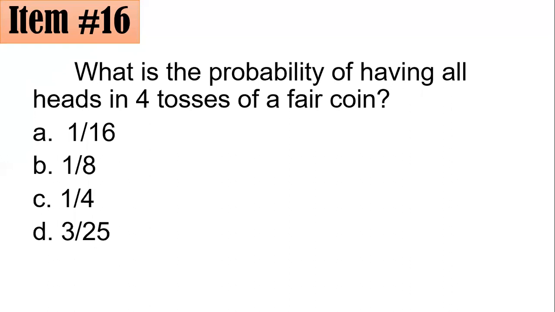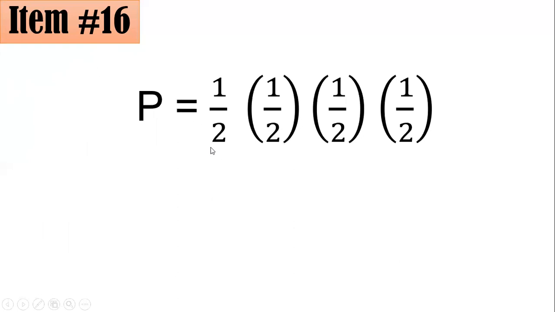Now, if you could see here, each toss is actually independent of one another. And the probability of having a head on the first toss is 1/2. Why 1/2? Because there are only 2 outcomes, head or tail, and head is just one of the 2.